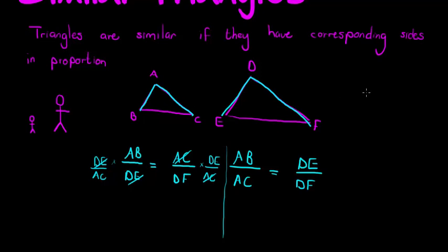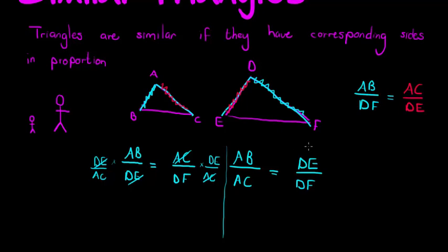I can take AB divided by this side, DF, as long as I take the corresponding AC divided by DE.